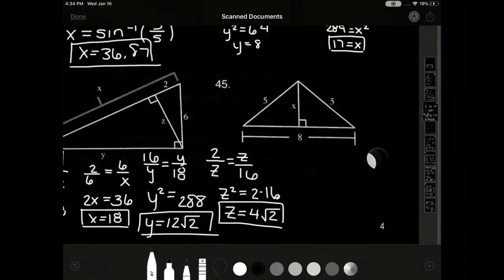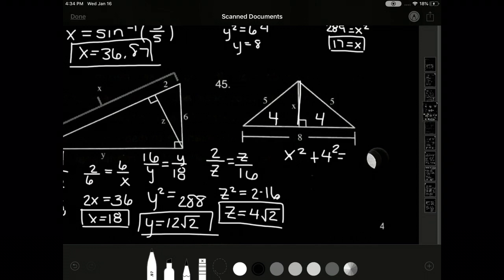And then number 45 on here is an isosceles triangle. So when we have an altitude drop down, this one right here, it actually splits the opposite side into congruent pieces. So this side is 4 and this side is 4, which means we can take x squared plus 4 squared, and it equals 5 squared.